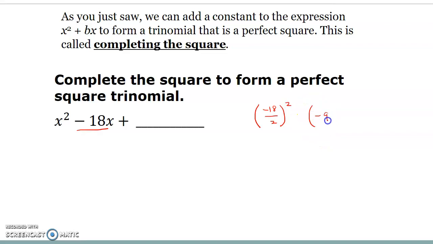Negative 9 squared is 81. So 81 is what I would need to add. And remember, I would add that to both sides once I have an equation. So plus 81. Then what could I factor this to? This would be x minus, because my middle term is subtraction, x minus 9 squared.